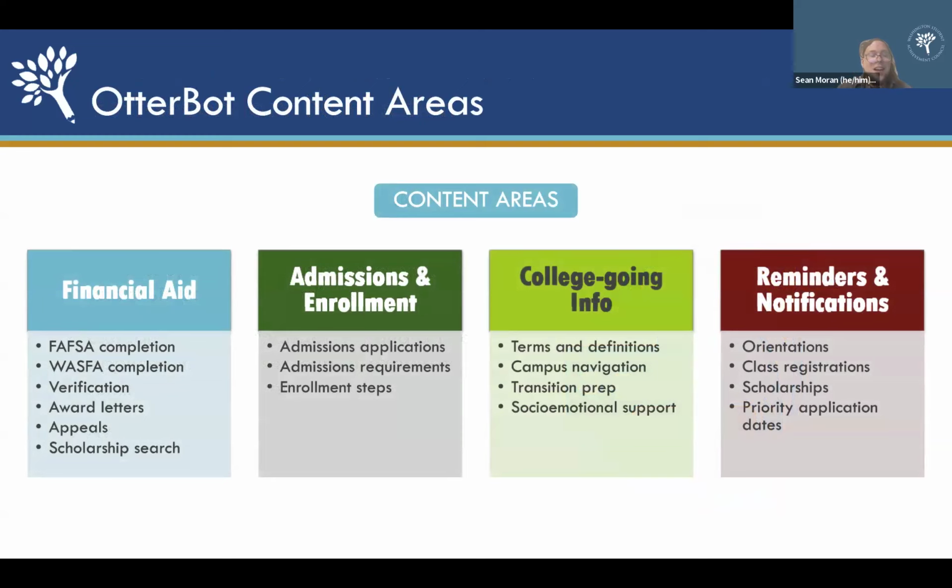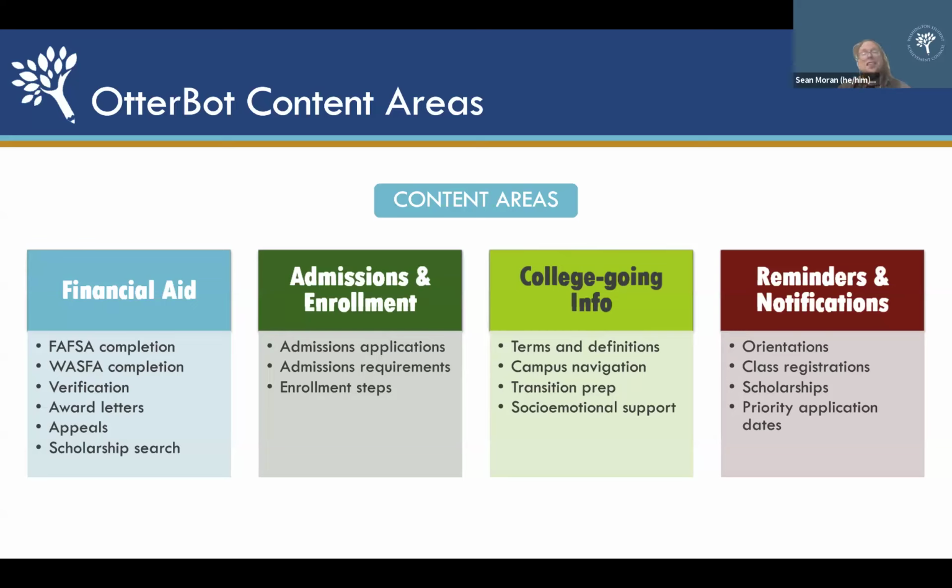Okay, so these are some of the content areas: financial aid, WASFA, FAFSA, verification, award letters, admissions and enrollments, college going info. So this includes terms, campus navigation, socio-emotional support, and then things about transitioning to life on college campus.